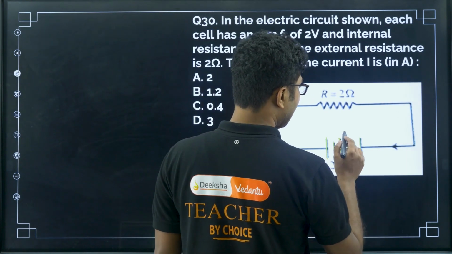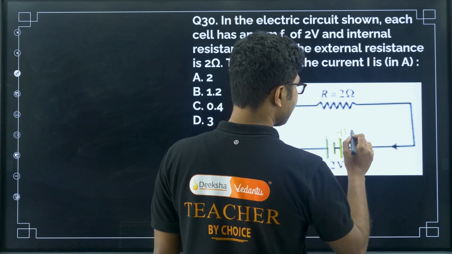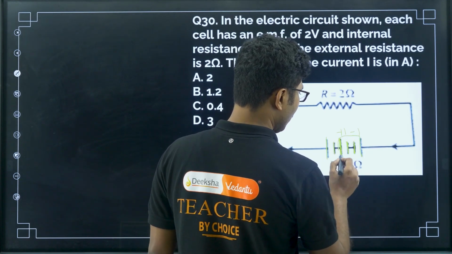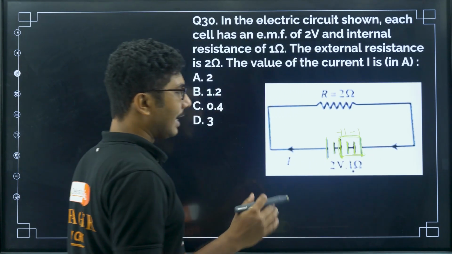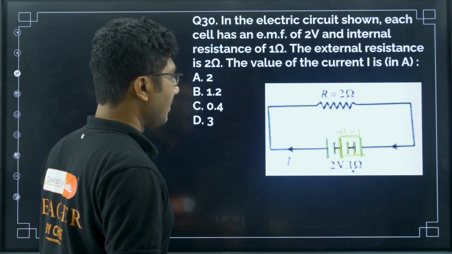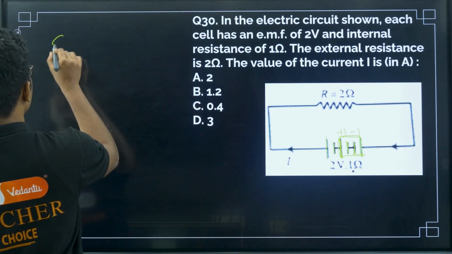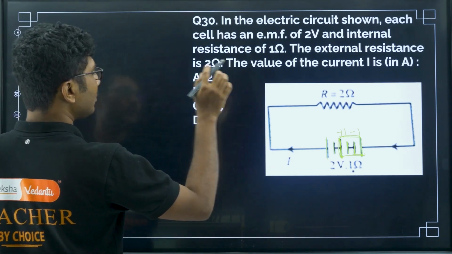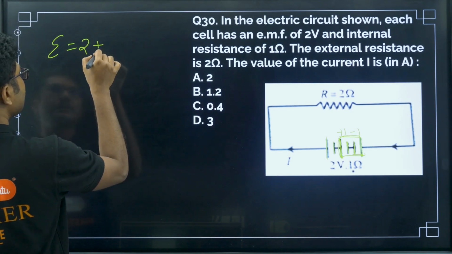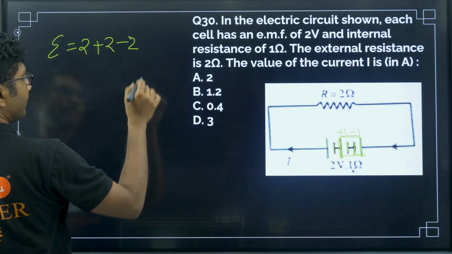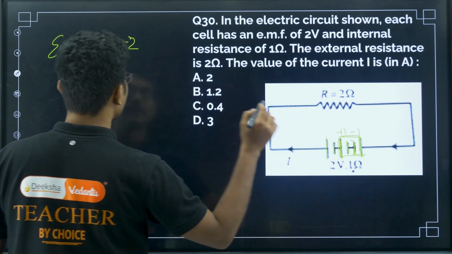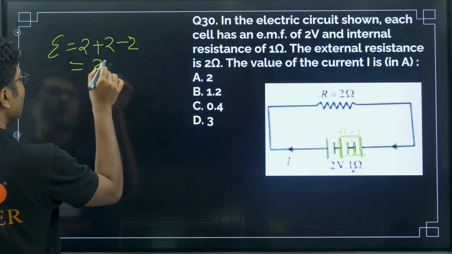Opposite polarity means if this is plus, that is minus. So these two cells will cancel each other's potentials. So what is the net EMF? Net EMF is 2 volt plus 2 volt minus 2 volt, because this one is minus. So net EMF is 2 volts only.